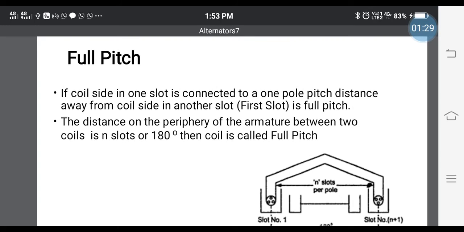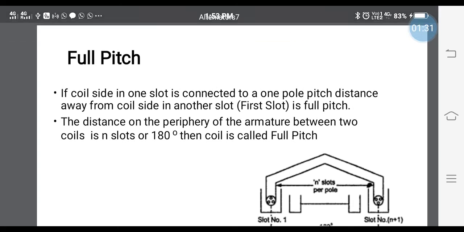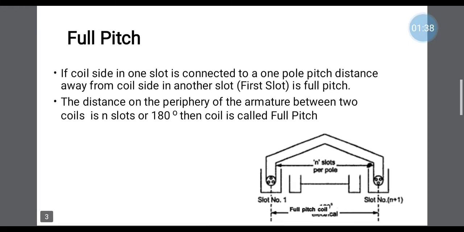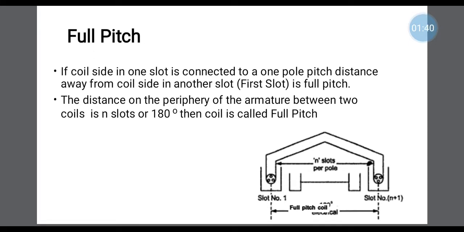Next, full pitch and short pitch. First we will see about full pitch. If the coil in one slot is connected to one pole pitch, that means 180 degrees apart electrically, one pole pitch distance away from the coil side of another slot, then we call it a full pitch.